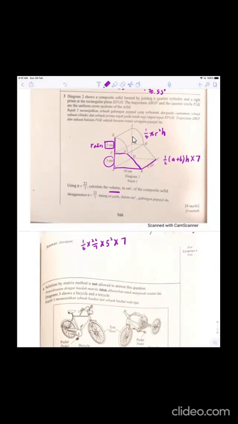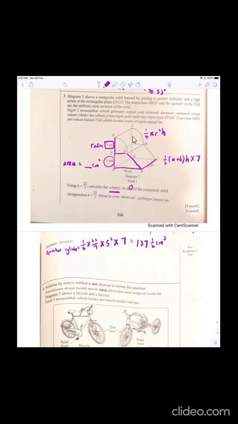So you press the calculator and you will get the answer 137.5 cm cube, because for volume we use cube, and if area we use square. Okay, this is the quarter cylinder.